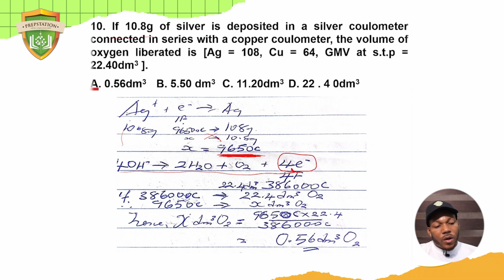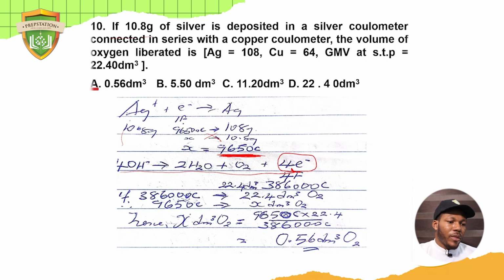When you do that, your answer will be 0.56 dm cube. Looking at the options, the correct option there is A. This is how JAMB twists their questions to confuse students. But if you know what you're doing, you will never be confused on how to solve this. Pay attention to the question and know what you are asked to find.